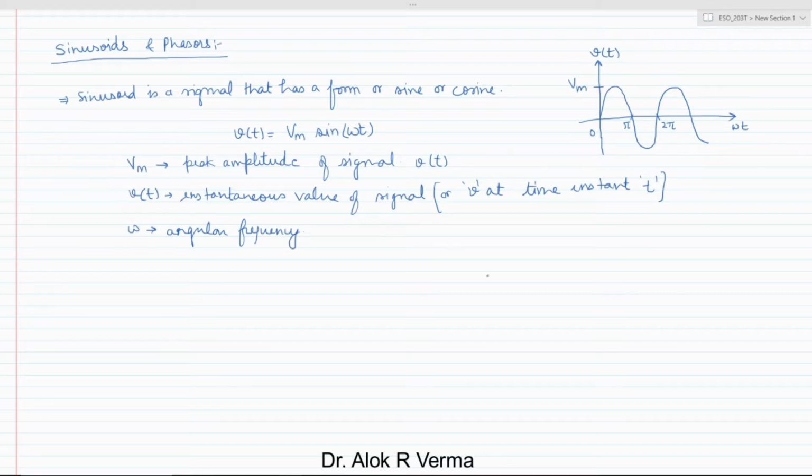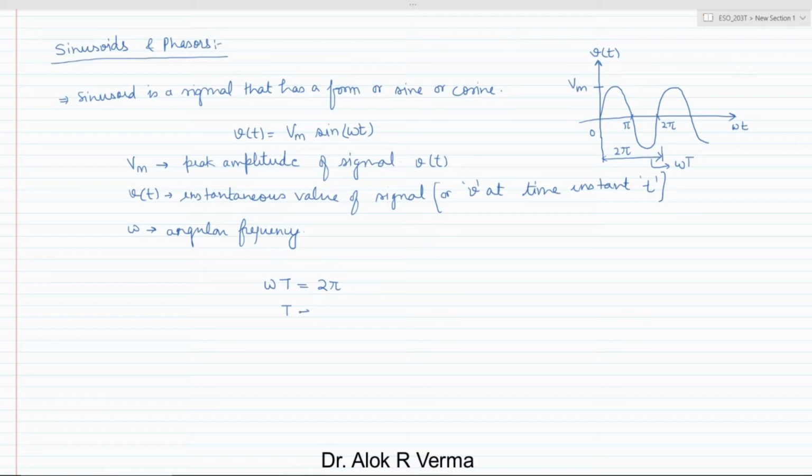The sinusoid shown in this particular diagram: here if you see this duration of 2 pi, this duration of 2 pi is nothing but omega T. I'll write it as a capital T. So we can write omega T is 2 pi, and the T has a specific meaning here.